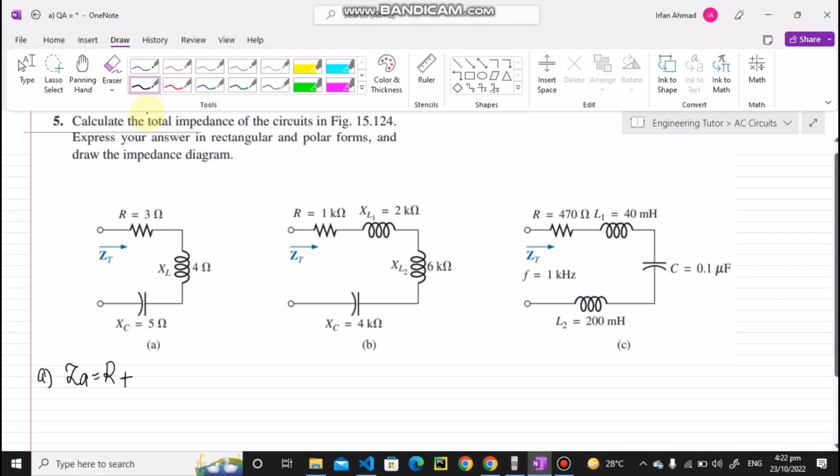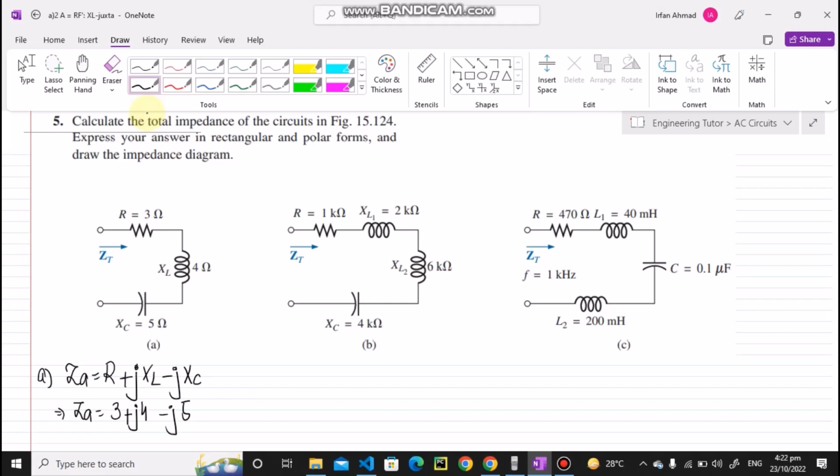What I have to do is put J with it, so writing XL here, and similarly I also have a capacitor here, so writing minus J with the capacitive reactance. So ZA will be equal to 3 plus J, XL is 4, and minus J, XC is 5.